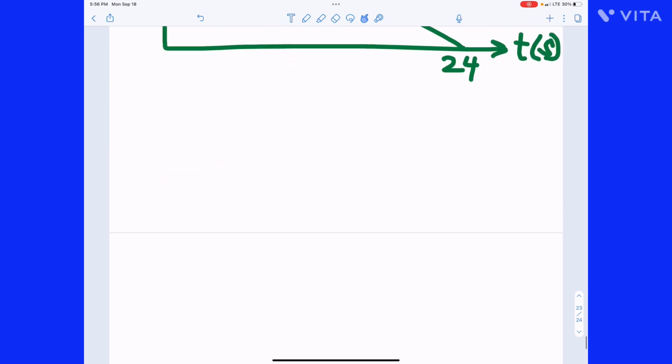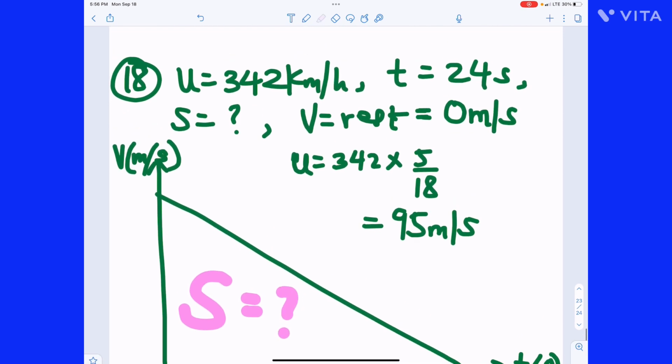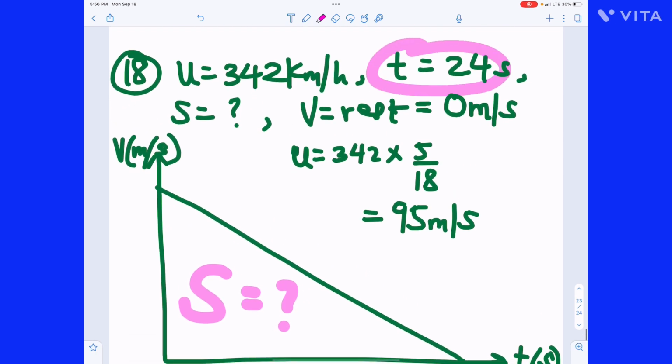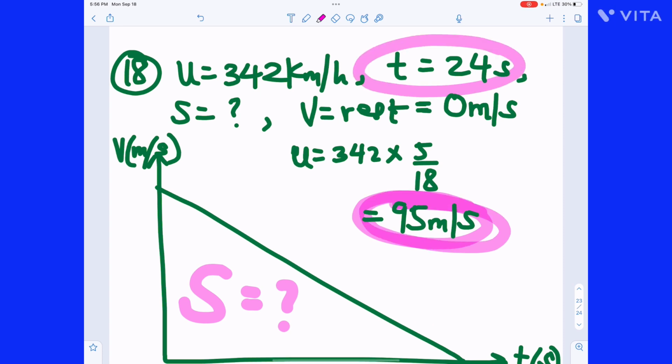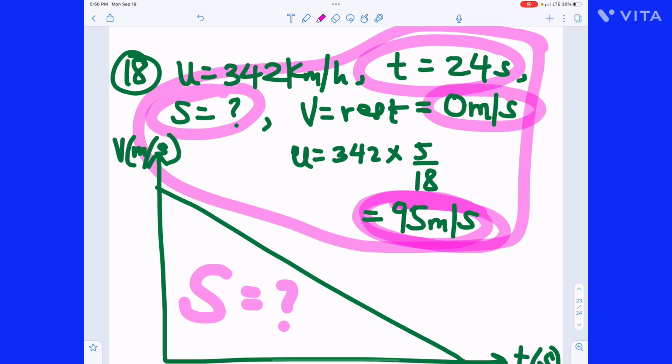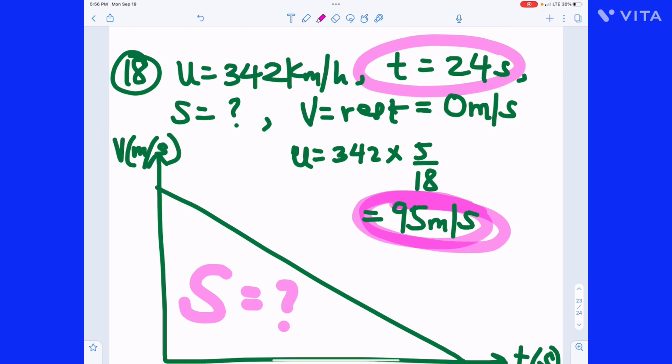What formula connects? Look at the quantities we have. We have T, we have U, we have V, which is rest 0, and we are looking for S. What formula connects these four? U, V, S, and T.